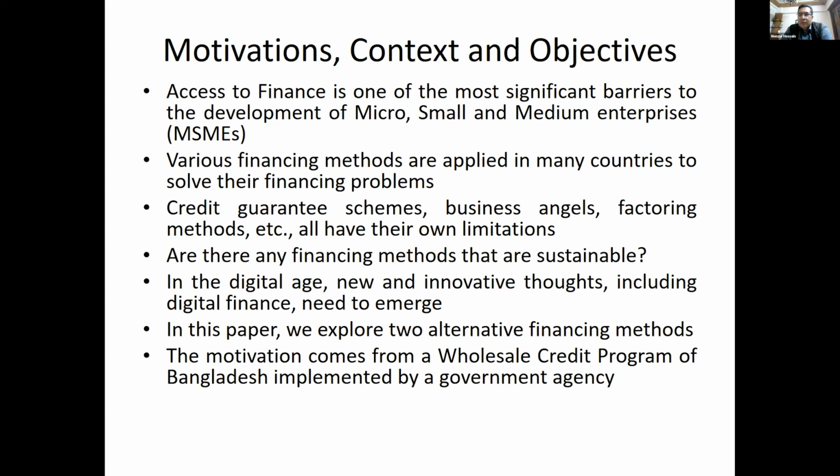So these are 2 big issues for SMEs not to get adequate financing for their development and growth. Some of the widely accepted models are credit guarantee schemes, business angels, factoring methods, etc. But all have their own limitations.